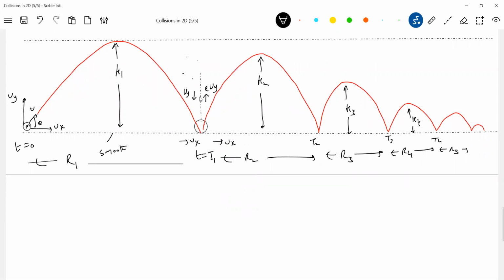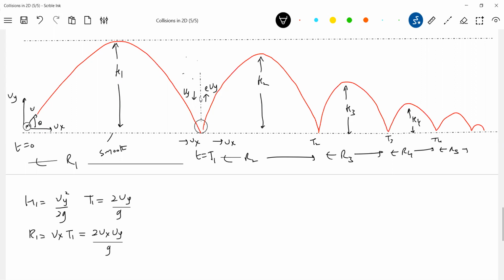First, H1 equals Uy square by 2g. What about time of flight? 2Uy by g. And what is the range? Ux into time of flight, so this should be equal to 2UxUy by g. Keep the data ready like this.